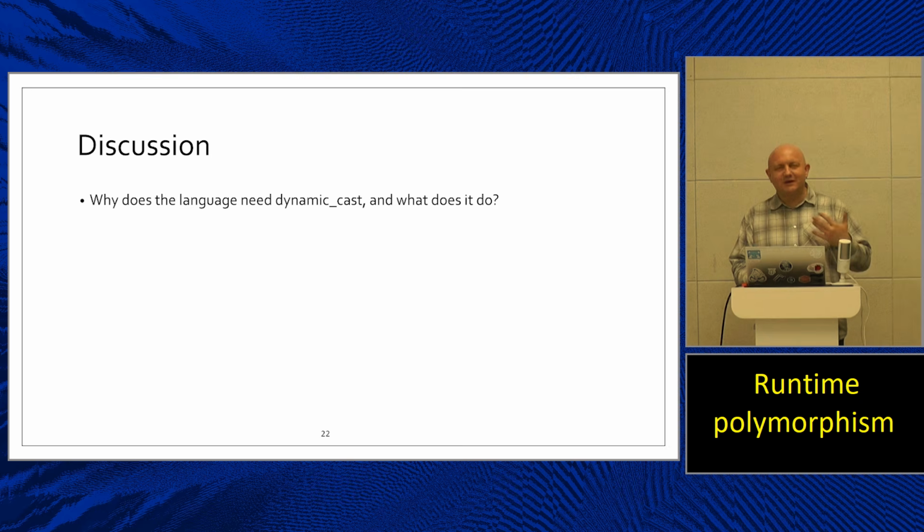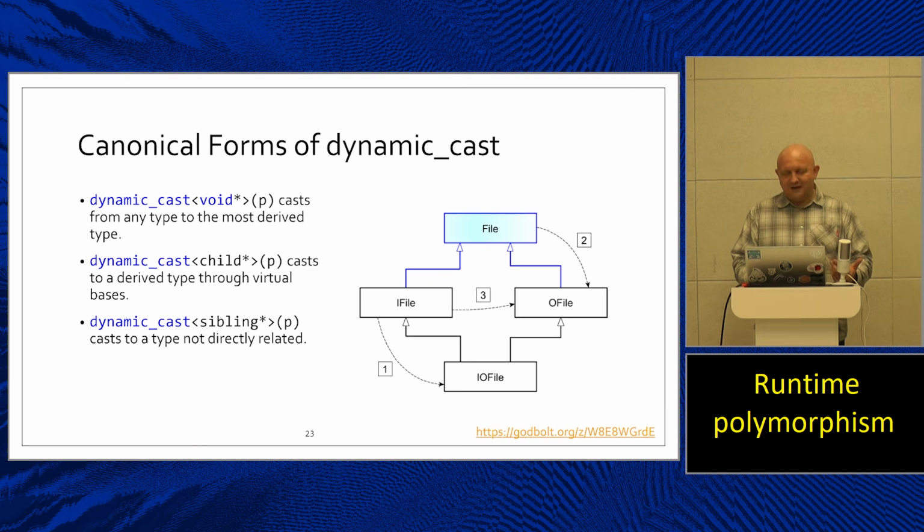And what dynamic cast precisely does. There are essentially 3 canonical forms of dynamic cast. First form is dynamic cast to void pointer, which converts any polymorphic pointer to a pointer to the most derived object. There is exactly one most derived object. That case is conceptually simple.